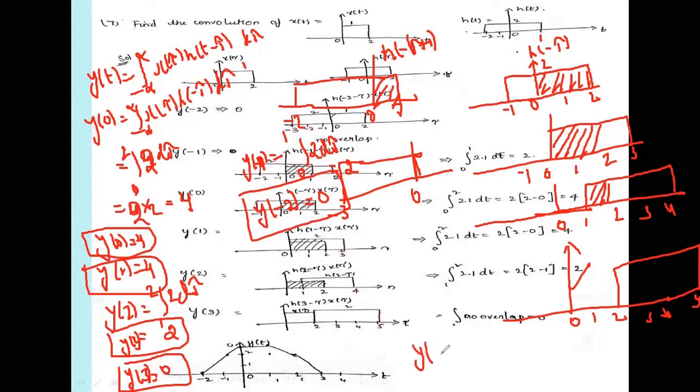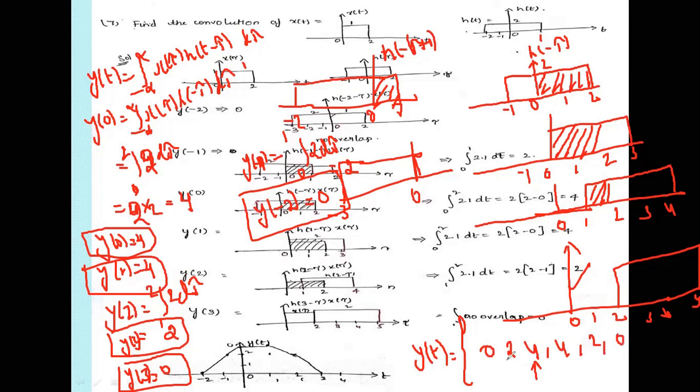So now we can write the equation sequence. y of t, we got the values: at 0 it is 4, at minus 1 it is 2, and at minus 2 it is 0. At 3 it is 0.